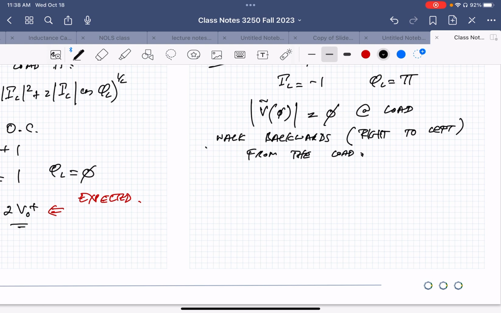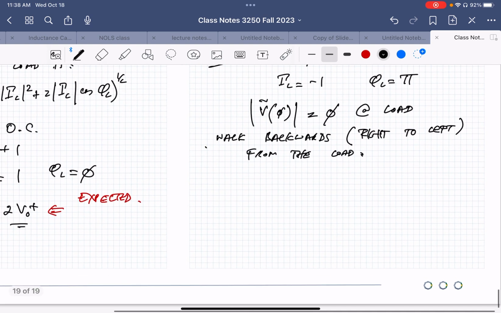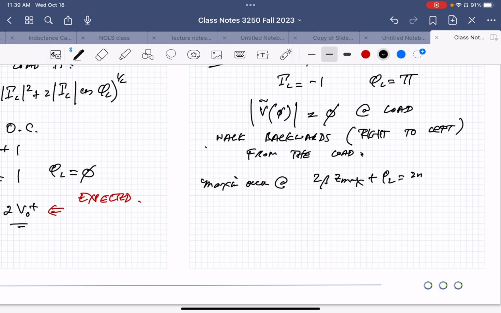And we've seen that before; we did this by simulations and so on. The maximums occur because of the sines and cosines. Maximums occur at 2 beta z max plus phi sub L equal to 2n pi. Whenever this equation holds, you get a maximum.